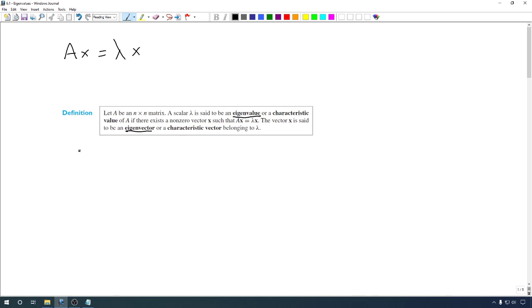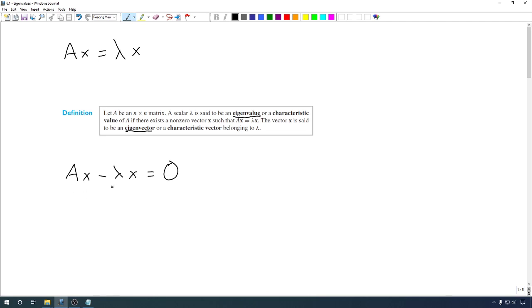Now, how do we find these eigenvalues? If we start with a matrix A, how would we find them? Well, let's take the equation that we started with and turn it around. First of all, we want to bring the lambda x over to the other side. And as you might notice already, it feels like we should be able to factor x out. Unfortunately, we can't do that right away because over here we're just taking a number times x, and over here we're taking a matrix times x.